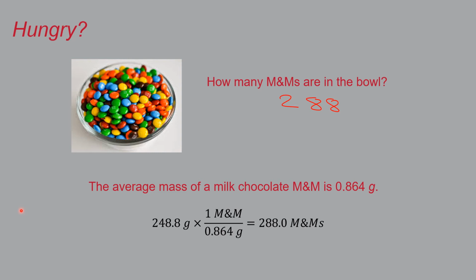Let's say, for example, that day I poured out 248.8 grams of M&Ms. This statement right here is an equality statement: 1 M&M equals 0.864 grams. That equality statement is used to build a conversion factor between the mass of the pile of M&Ms and how many individual M&Ms there are, and that's how I got the 288.